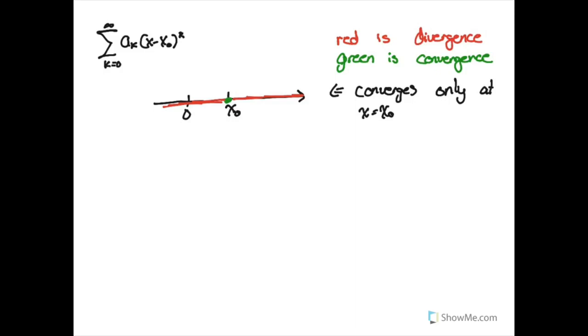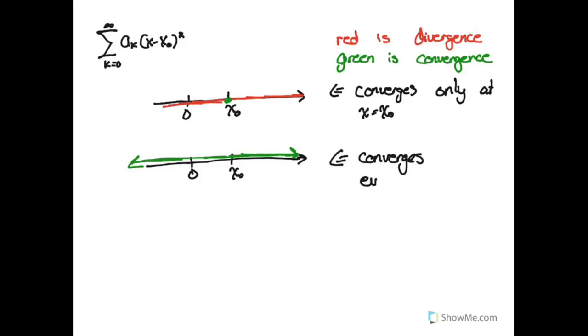Or the second case is, again, on the number line, it's possible for the power series to converge everywhere. So this one converges everywhere.